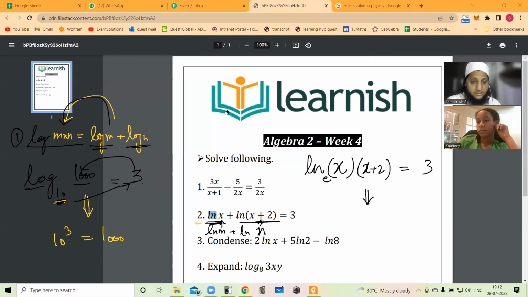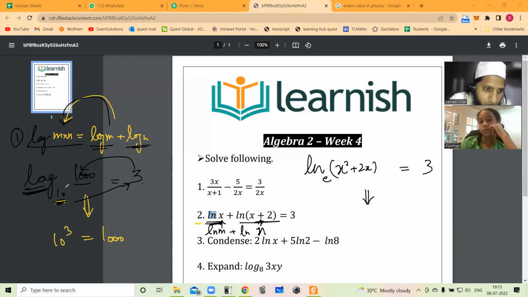So what can you write here? Think about it, because I just want you to think about it more. Forget about ln, you just say log of some number. Log of some number x times x plus 2, which can be written as x squared plus 2x, to the base e equals 3.